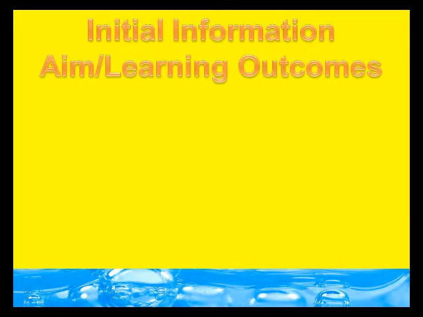Now, to finish, just a couple of slides really on providing training courses. Now, the initial information, when we put together a session plan or lesson plan, we need to provide initial information. This will be the headings. For example, what the course is about, what time it's going to be held, the venue. Then we need to put down the aim and learning outcomes.